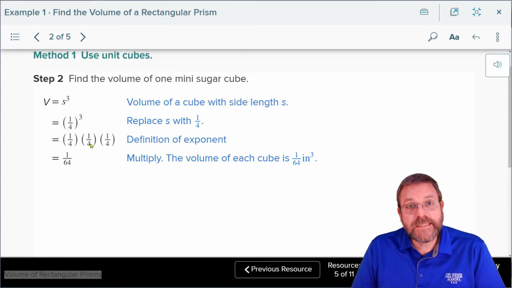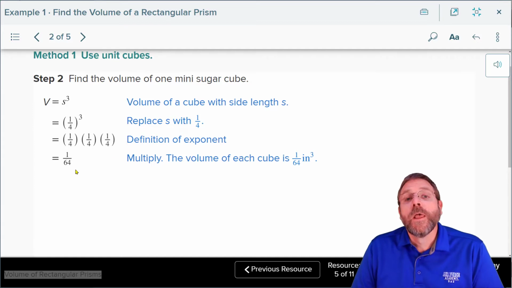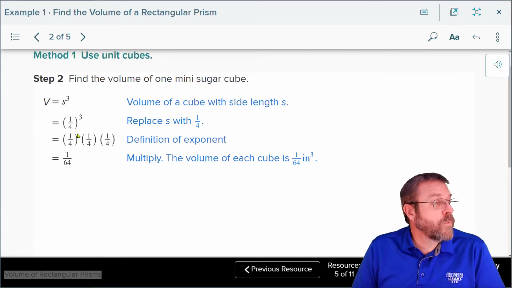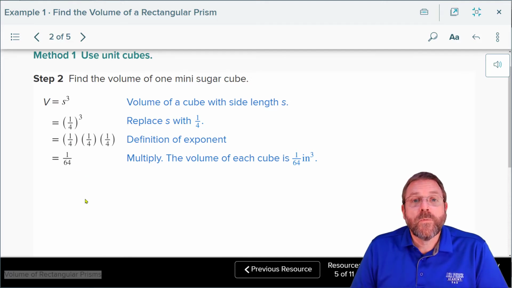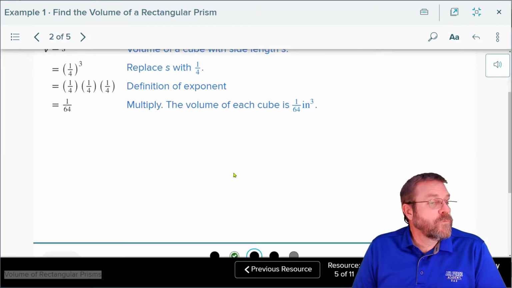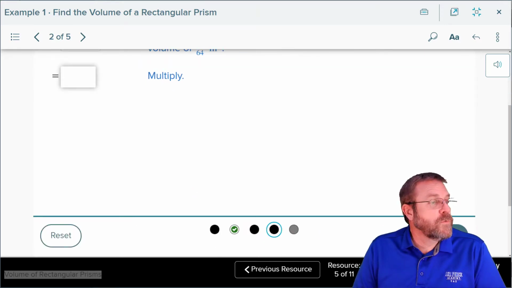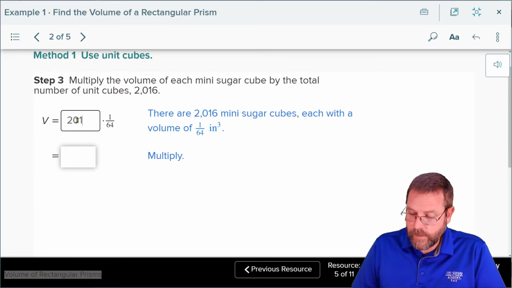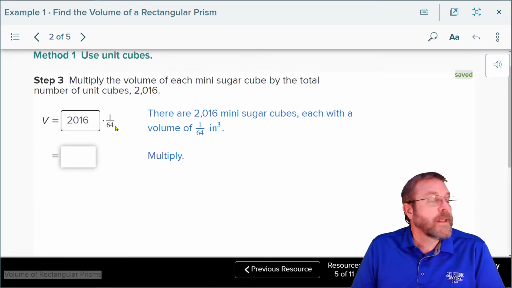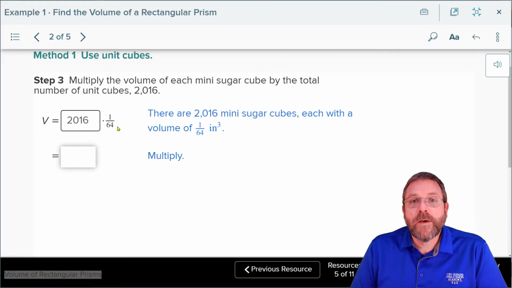4 times 4 is 16. 16 times 4 is 64. That's your denominator. Your numerator, the number on top, 1 times 1 times 1 is going to be 1. That's where the 1/64 came from too. The last thing we have to do from there is take that 2,016 sugar cubes that we came up with, right here, and multiply it times that 1/64.